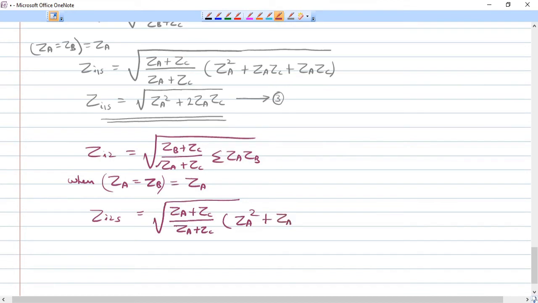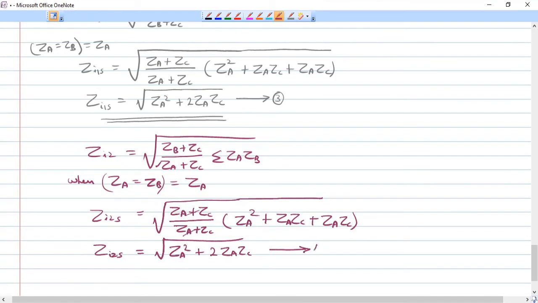You can write ZA into ZC because ZB is equal to ZA, plus ZC ZA. So these terms can be cancelled. So we can write this as equal to square root of ZA square plus twice of ZA ZC. So this is our image impedance ZI2S for a symmetrical network.